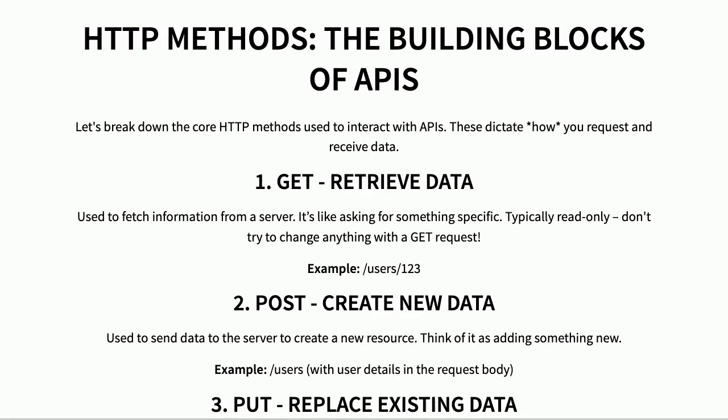Okay, let's talk about how we actually do things with APIs using HTTP methods. Think of them as the instructions you give to a server. We have 5 main ones: GET, which is used to just retrieve information; POST, perfect for creating new data like adding a new user to your database; PUT, which replaces an entire existing resource; PATCH, for making targeted changes, updating only specific parts of something; and finally, DELETE, which removes resources completely.